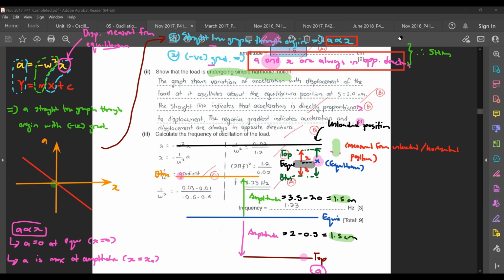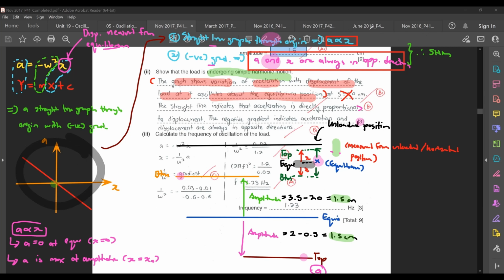So the other additional point that you needed to say here is something to relate the graph that you have with this graph. Okay, so what you would have to say is this statement here, where you say that the graph shows the variation of acceleration with displacement of the load as it oscillates about the equilibrium position. You just write this one should be enough. You don't need to write at s equals to 2 centimeter.